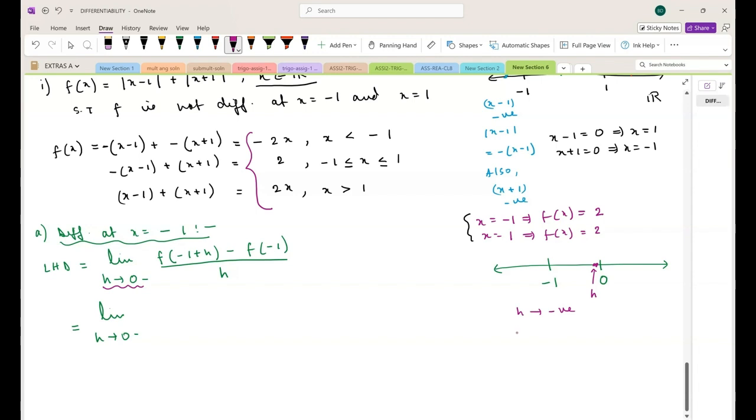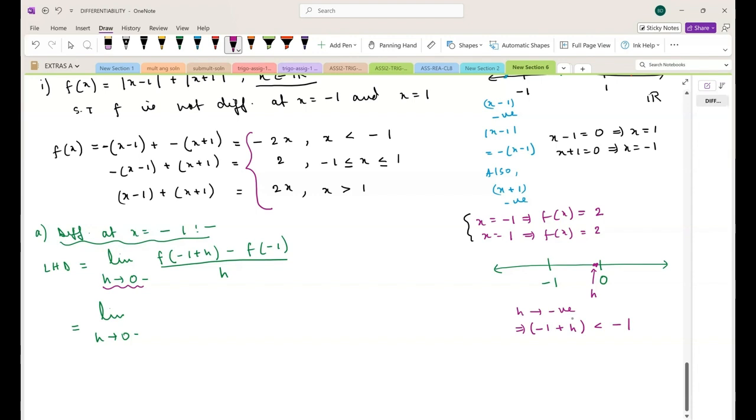If h is negative, then minus 1 plus h, remember h itself is negative, so suppose h is minus 0.5, so minus 1 minus 0.5. That means it is becoming less than minus 1. I hope you understand this portion.